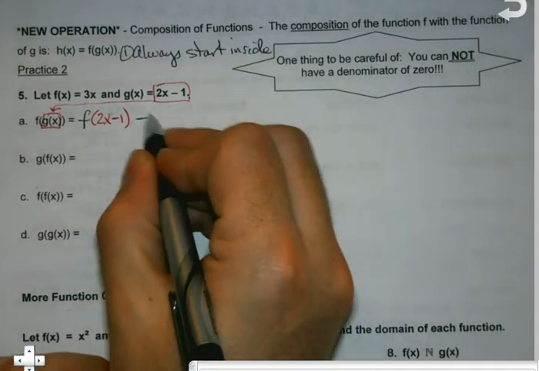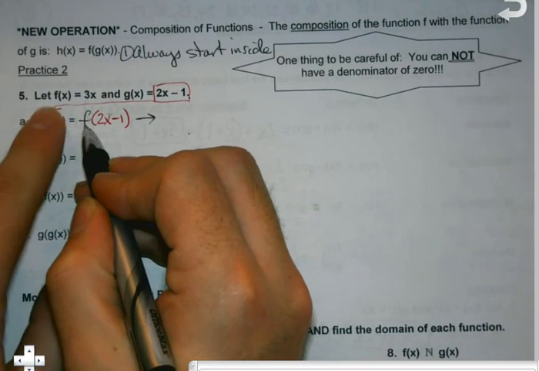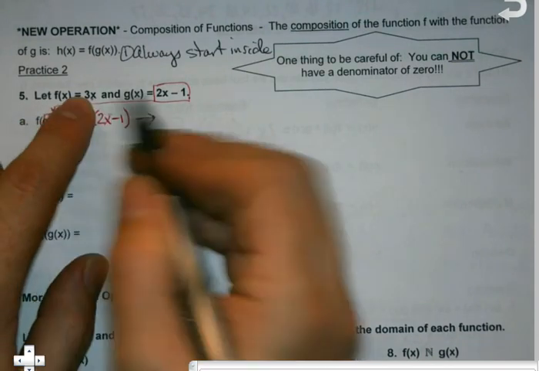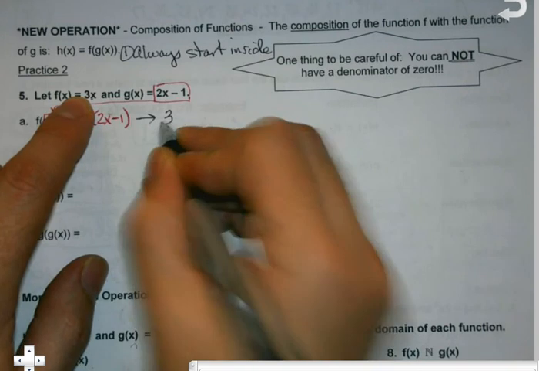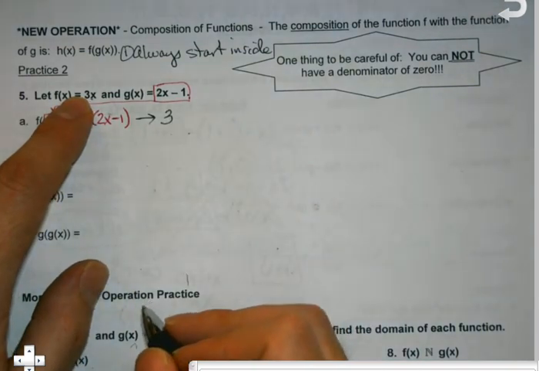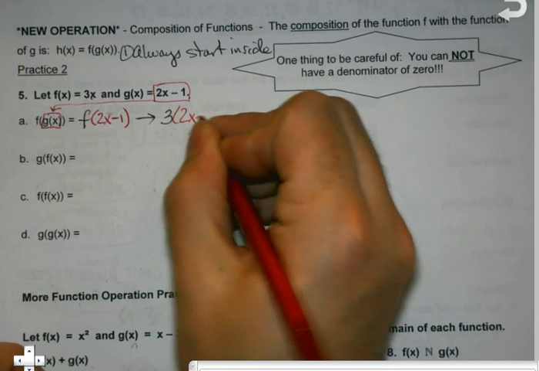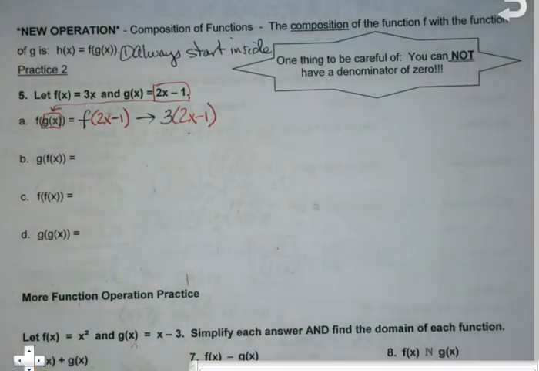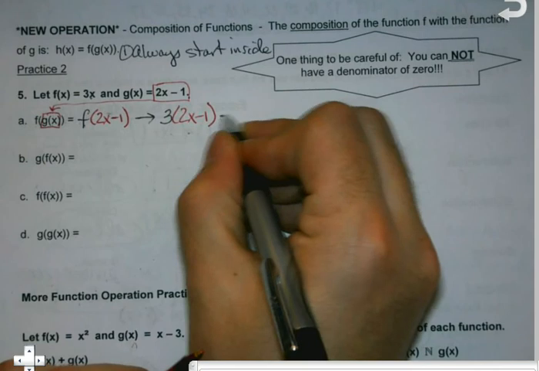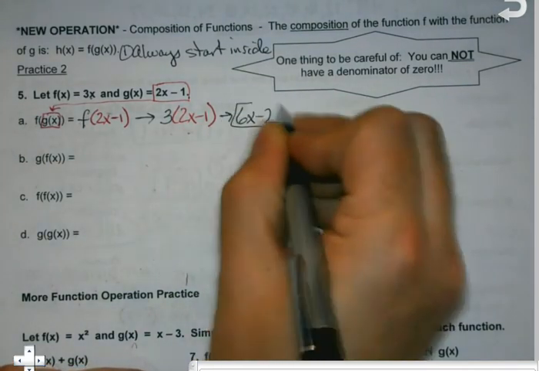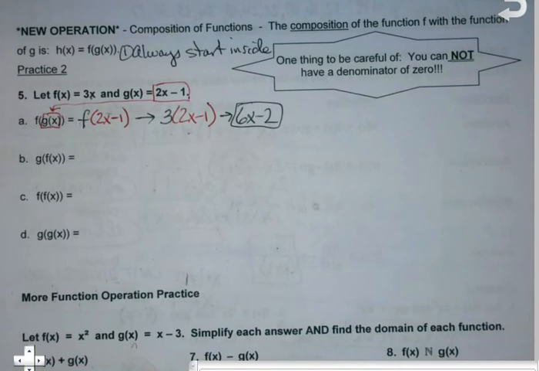This time, I'm using the f function, so I'm using the 3x. But when I get to the x part, you'll never guess what I'm going to plug in for it. Two x minus 1. So you're like, now wait a minute. You're like, Hardy, now you're just going a little too far. How the heck did you do that?